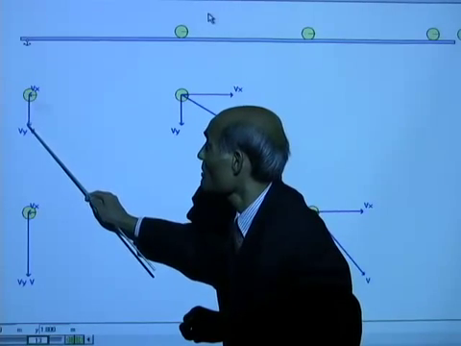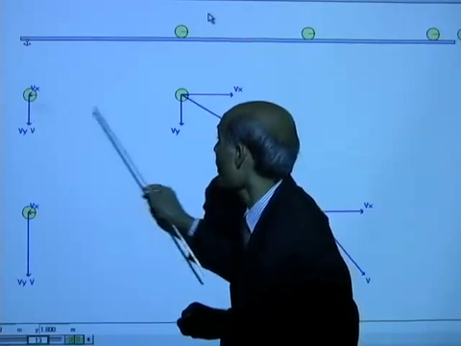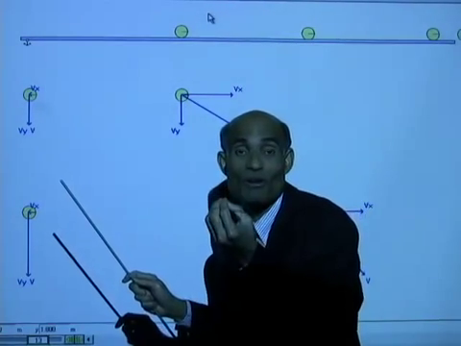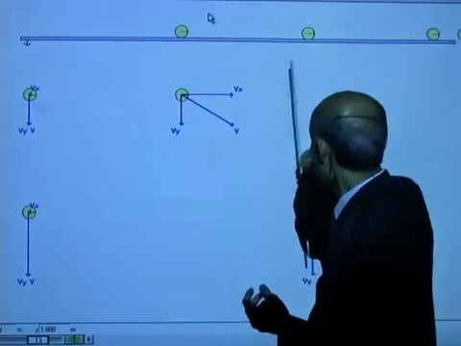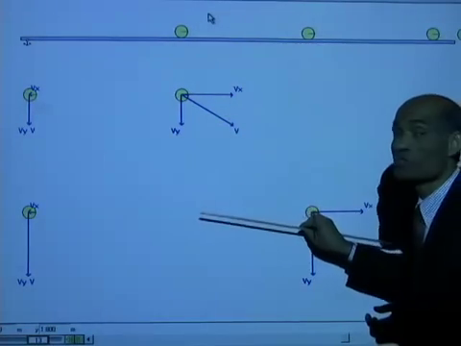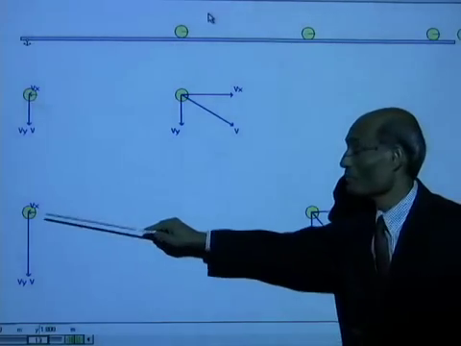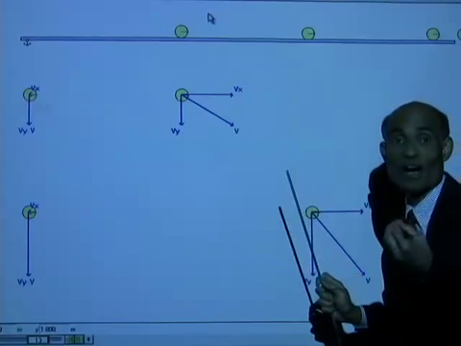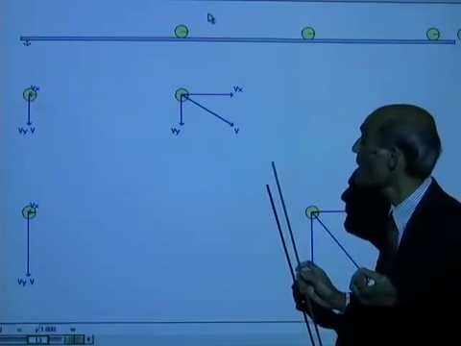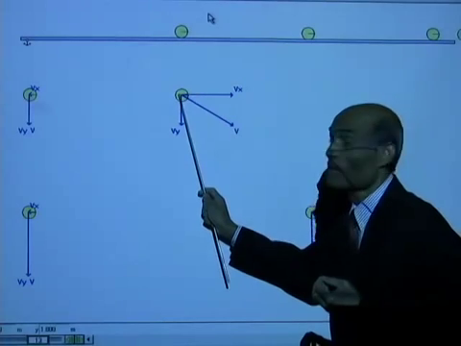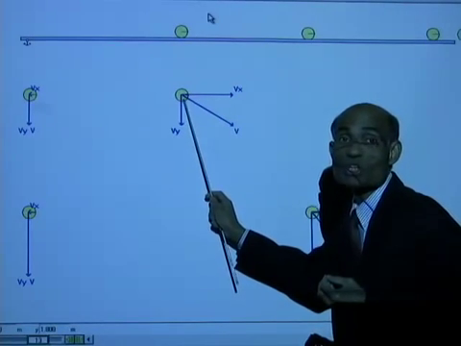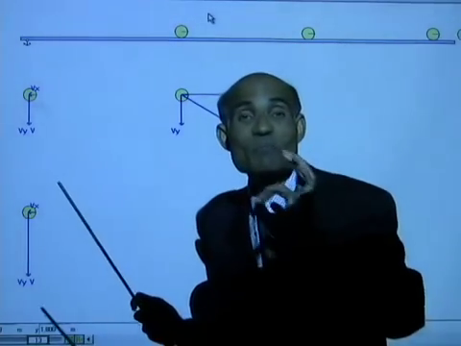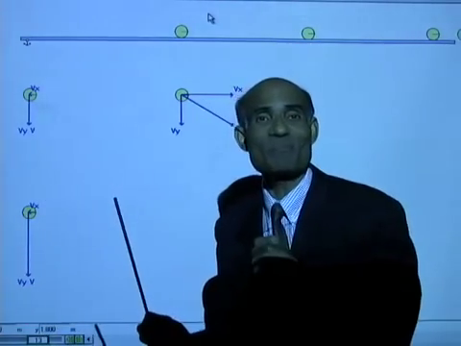Look at the velocity: the vertical velocity of the dropped ball is exactly the same as the vertical velocity of the projected ball. Now, look at the position after 2 seconds. The vertical and horizontal positions are exactly the same. That means the horizontal and vertical motions of this projected ball are independent of each other. What does that mean?